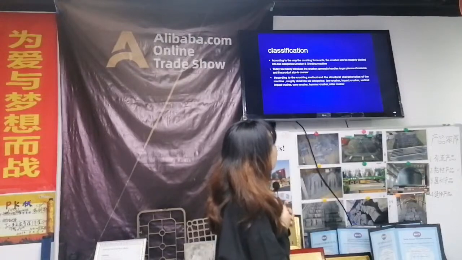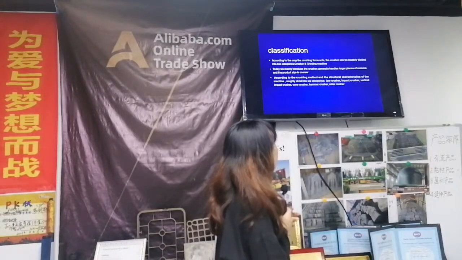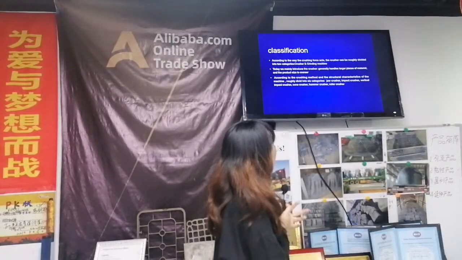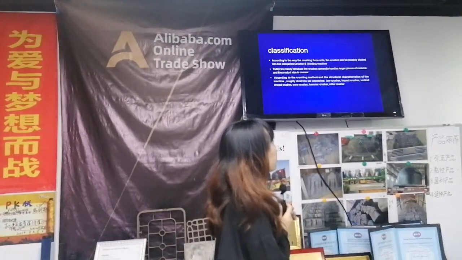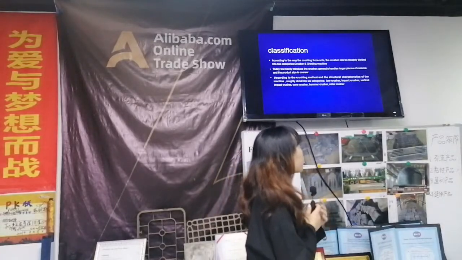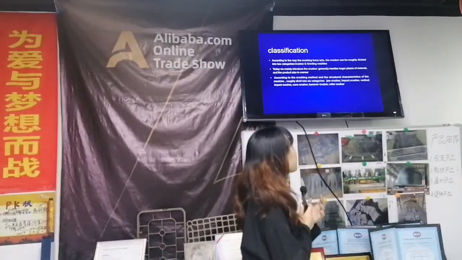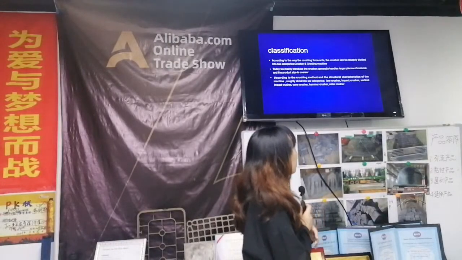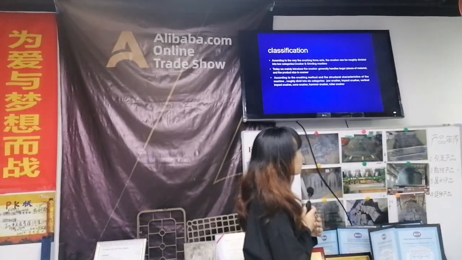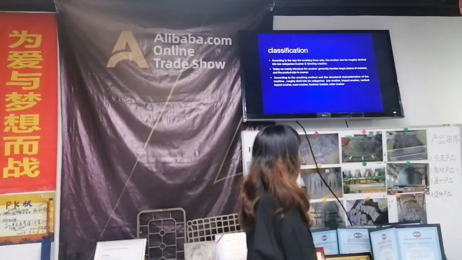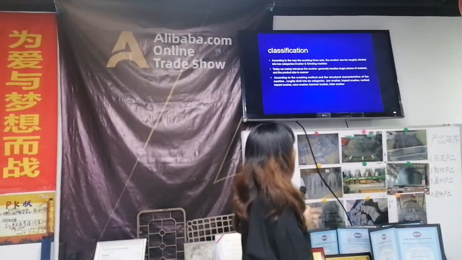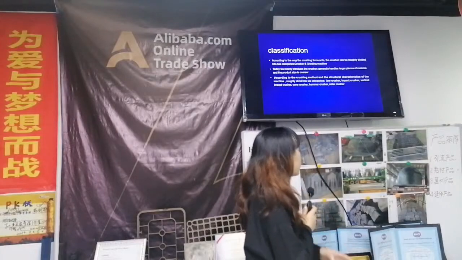Generally it handles larger pieces of materials. According to the crushing method and the structural characteristics of the machine, it is roughly divided into 6 categories: jaw crusher, impact crusher, vertical impact crusher, cone crusher, hammer crusher, roller crusher.